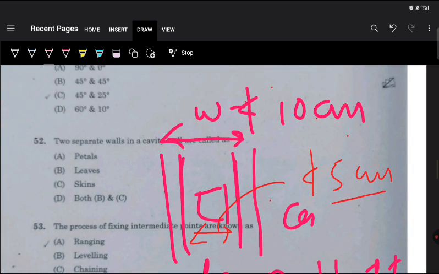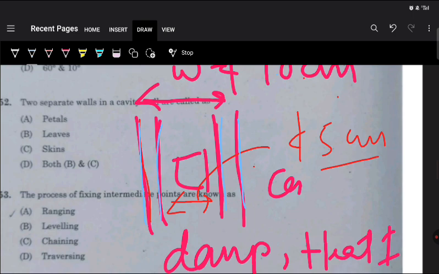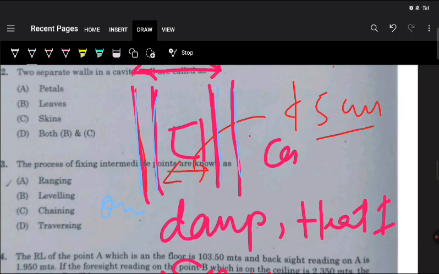Now these two walls that are constructed: this is our outer wall and this is our inner wall. If this is the outer wall, this is called the inner wall. This outer or inner wall is also called leaves.